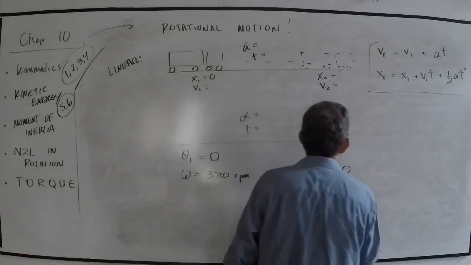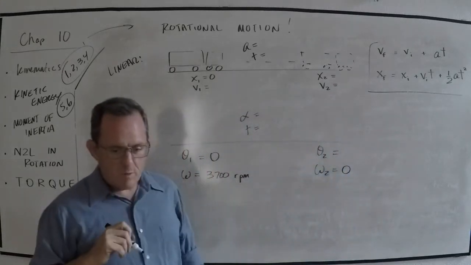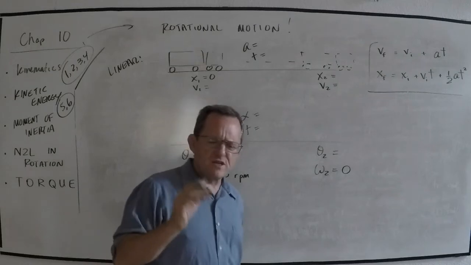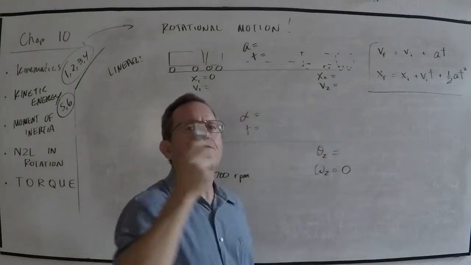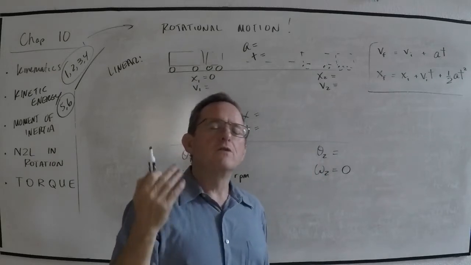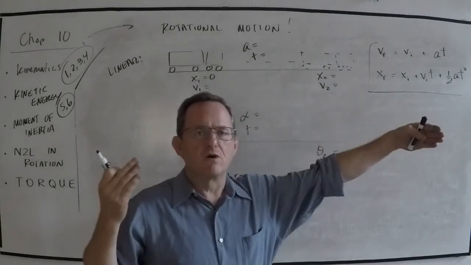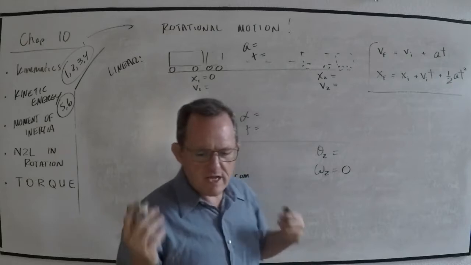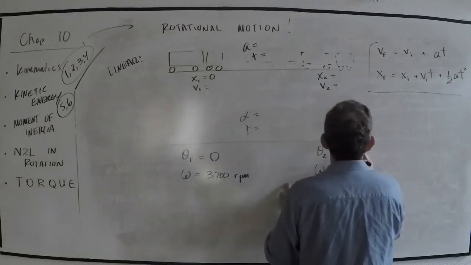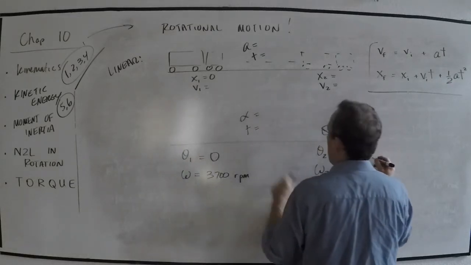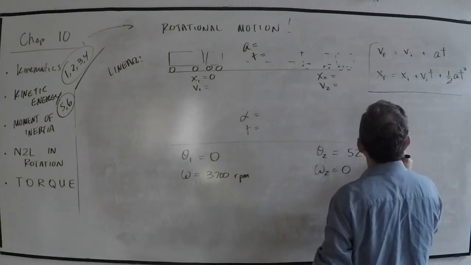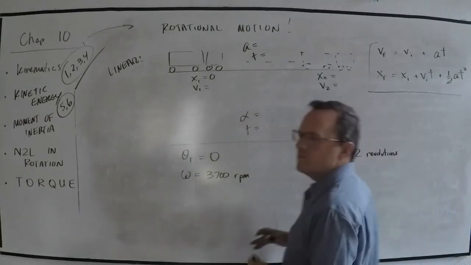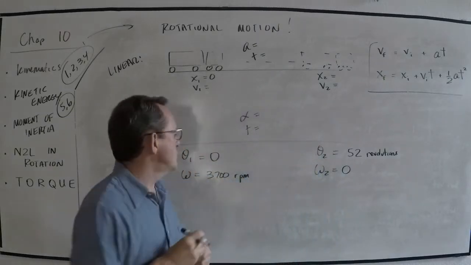So at the end, it's not moving. But they tell you it rotates 52 times. What are they describing? They're describing how far it goes. They're describing its rotational distance. It rotates 52 times. So what they tell you is, after it's traveled, its final position is 52 revolutions.